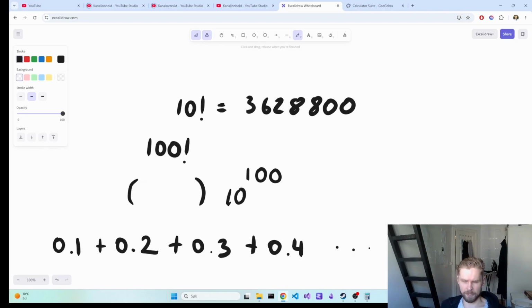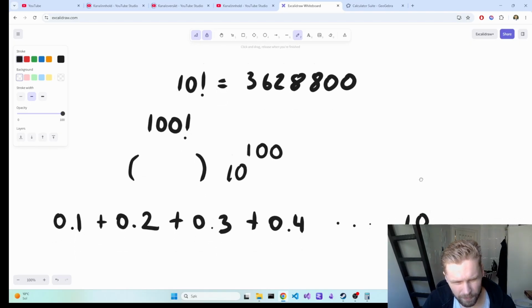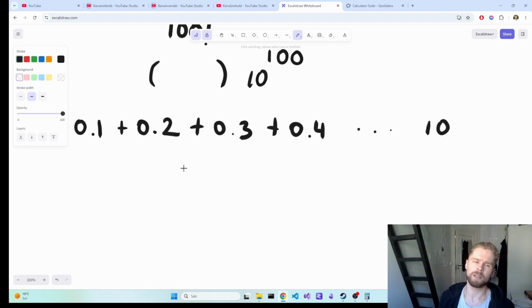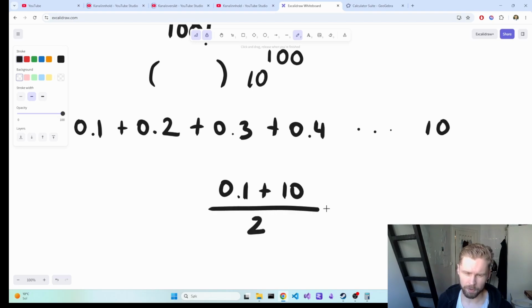I take out 10, so it's gonna be 10, right? So now, how many terms are there? The first one is 0.1, right? Plus 10 divided by 2 times 100.